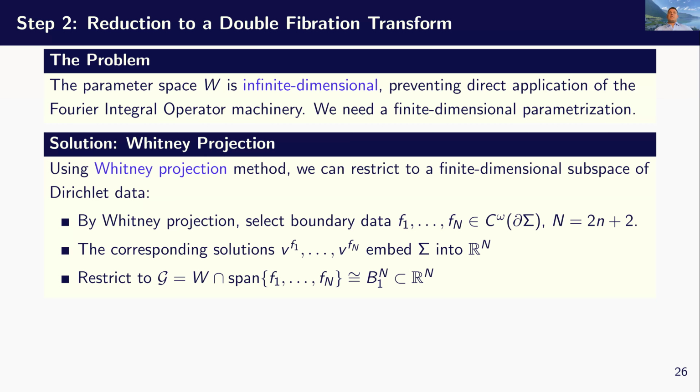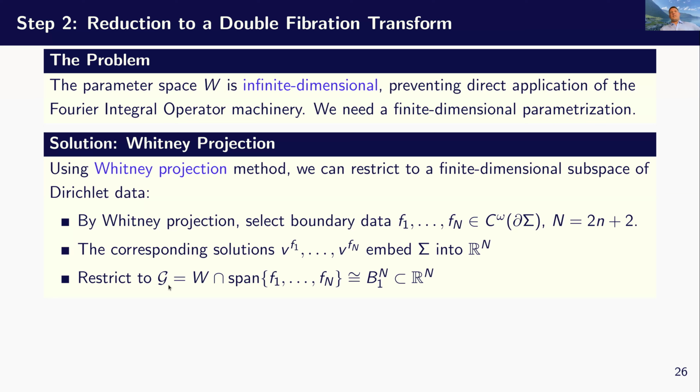And by this Whitney projection, actually these F1 to F capital N embed the given minimal surface into R capital N. But this embedding condition exactly means this Bolker condition. So we can just satisfy the Bolker condition by these F capital N Dirichlet data functions.